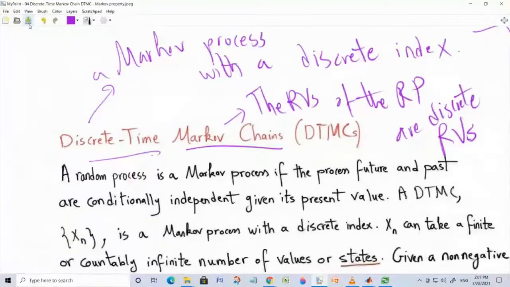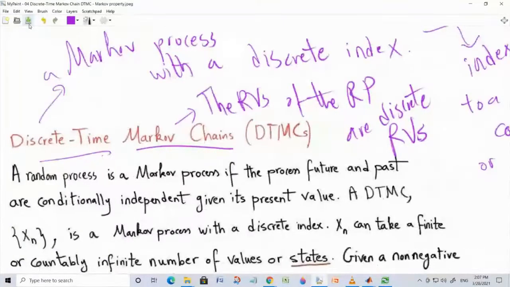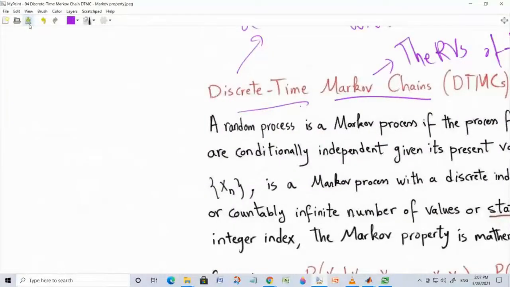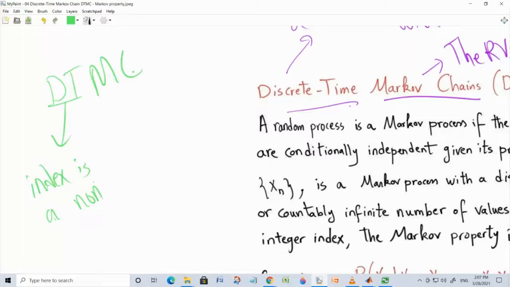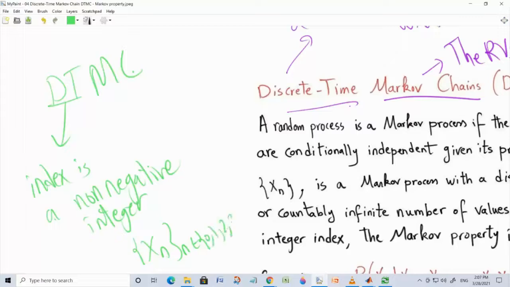Again, DTMC, to make sure that we know what we are talking about. DT: the index is a non-negative integer. So we'll talk about X of n, and n belongs to the set 0, 1, 2, 3, and so on. Then Markov chain: the random variables are discrete.